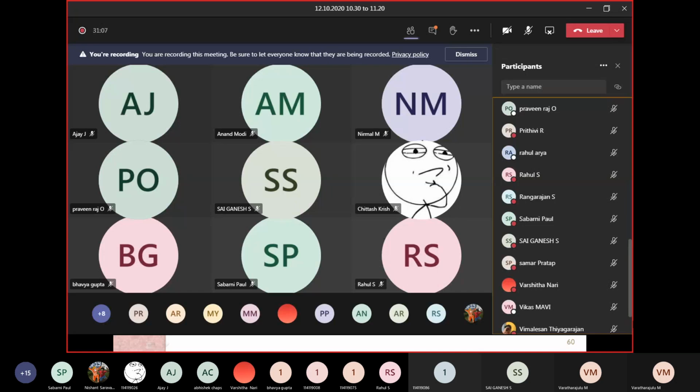CBI removes Hatras FIR from website. That was parallel information. And stamp duty registration fee collection up in TN, and PM slams opposition for supporting middlemen. Please pay attention to the happenings.